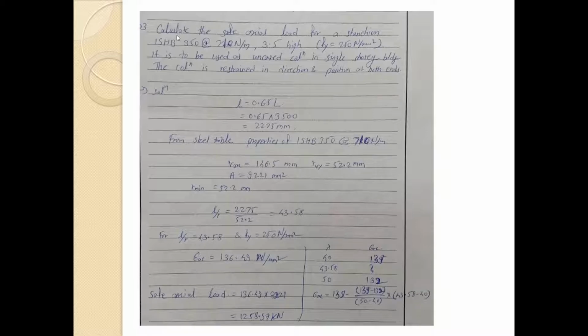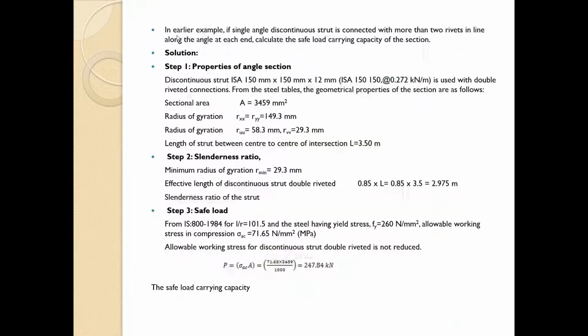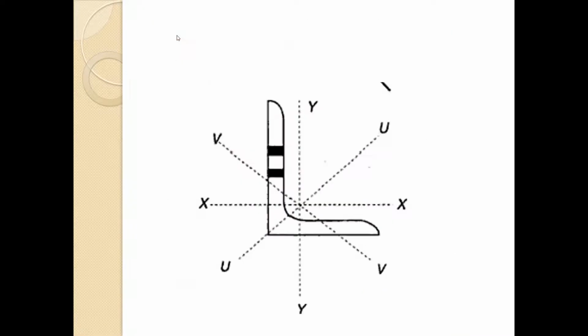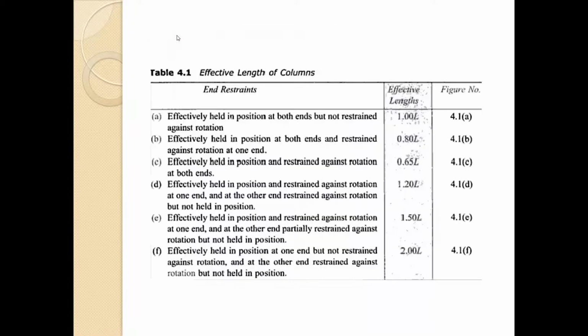So from the table in the IS code, we are going to find the effective length, in which case it fits. It is already held in position as well as restrained against rotation at both ends.